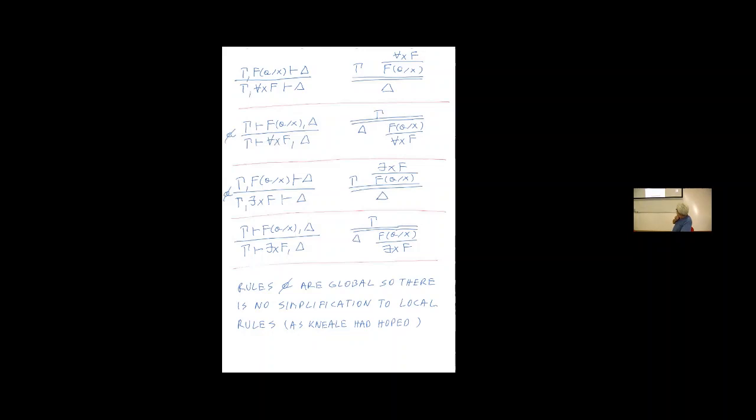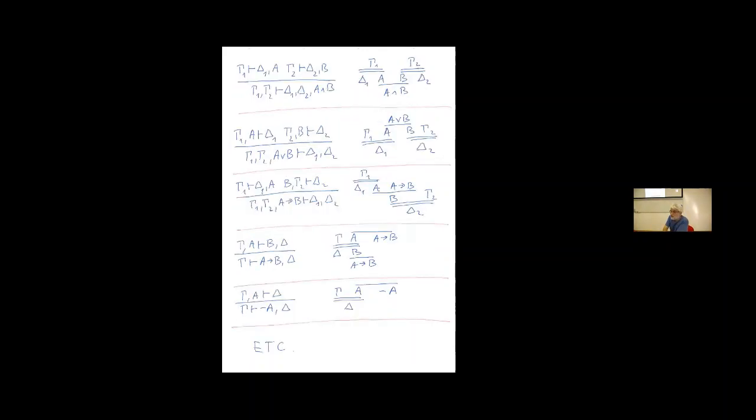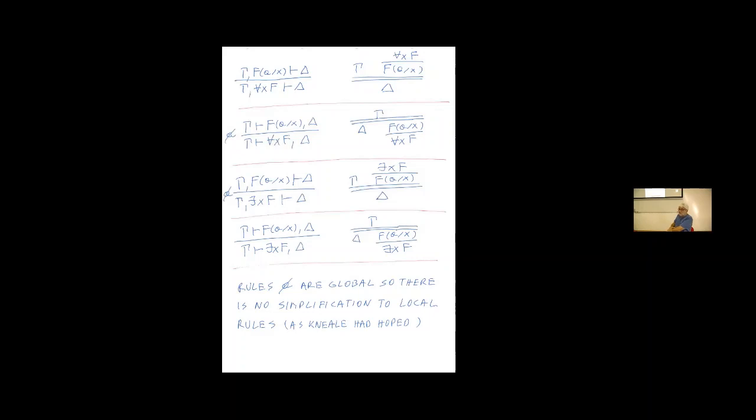The idea of Nielsen was that he could get rid of global rules. Well, he succeeded on the propositional level. There are no global rules for truth-functional connectives, but you have global rules, of course, for universal quantification introduction in the consequent, and for existential introduction in antecedents.